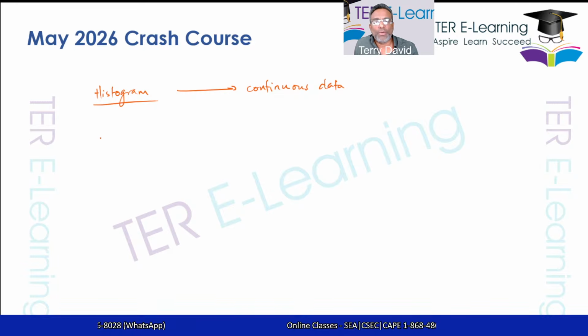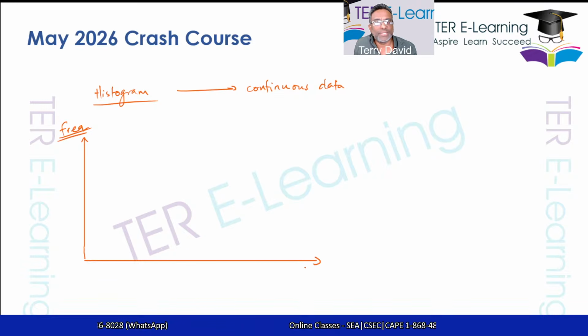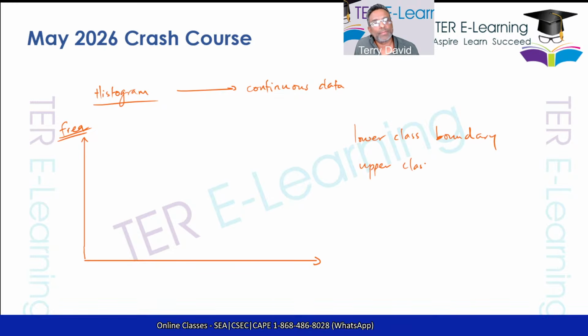Okay. So for the histogram, you need to remember what you plot when you draw a histogram, because if this shows up tomorrow, you need to know what to do. First of all, a histogram has to be applied to continuous data. And when you plot a histogram, we're using the lower class boundary and the upper class boundary, in order to plot this thing here.